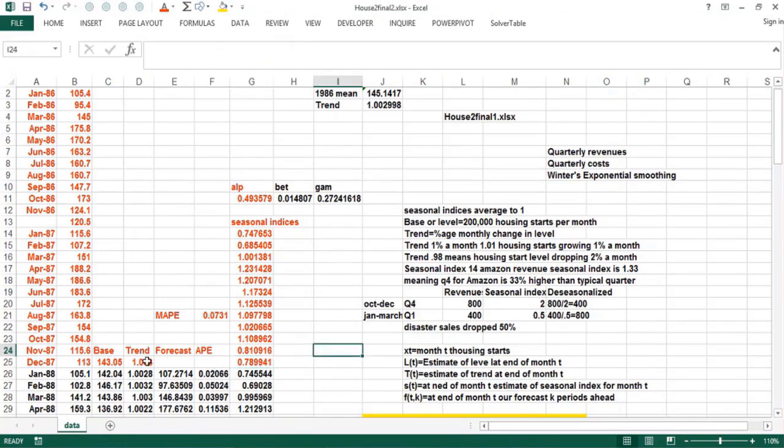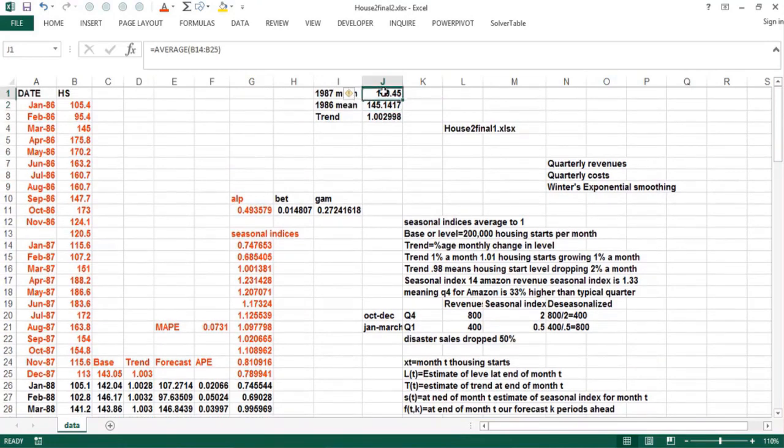Now, how do we estimate the trend? Very crudely, we take the average for the second year, 1987, divide it by the average for the first year, and then you take the 12th root. And that is your trend per month. So we had 150 in 87 and 145 in 86, and we divide that and get basically 1.03, I think.